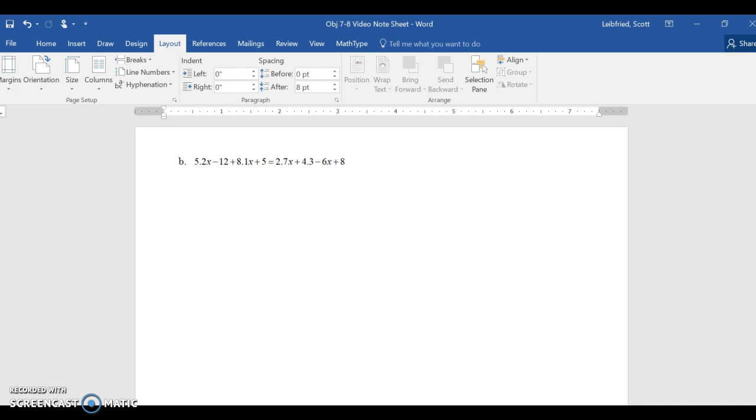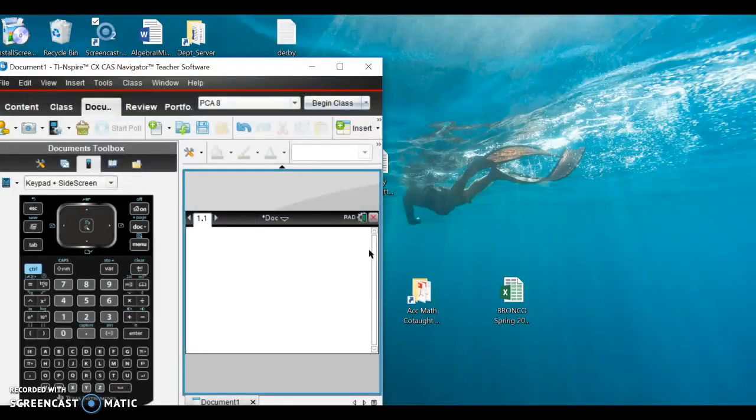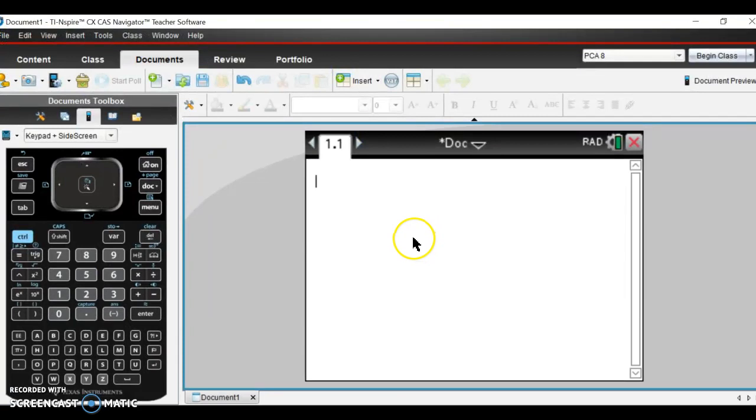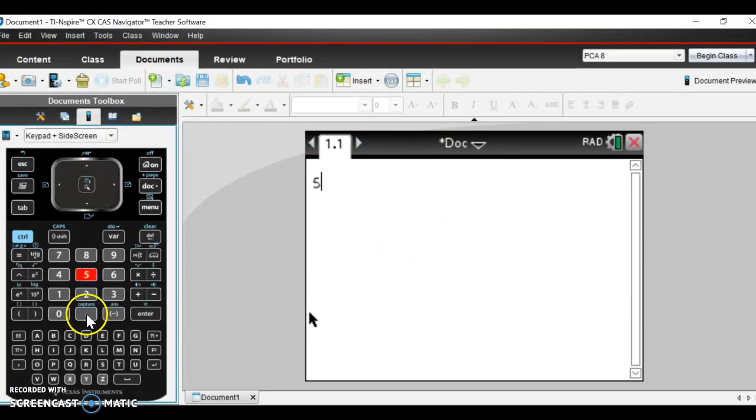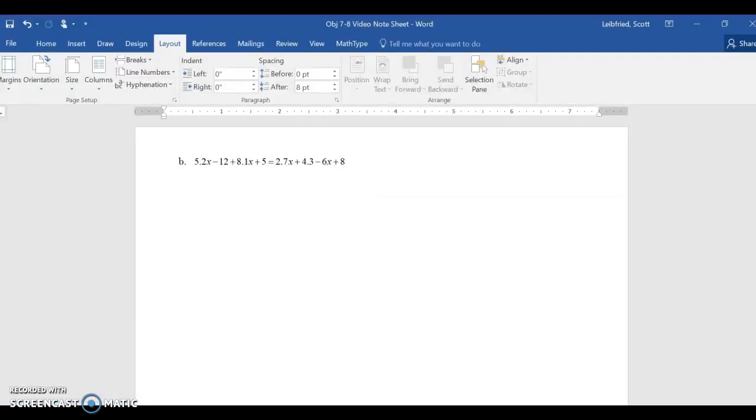So when we look at problem B, we have 5.2x and 8.1x. Those are like terms. So we can hop over to our calculator quickly and take 5.2 and add 8.1, which is 13.3. So we have 13.3x.